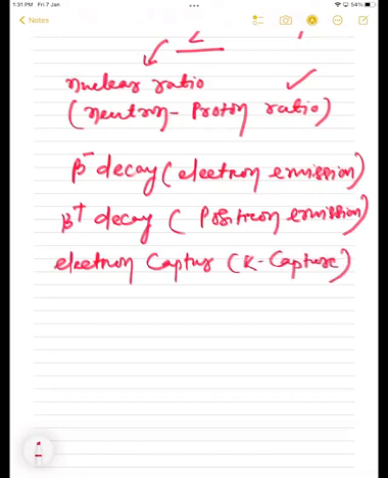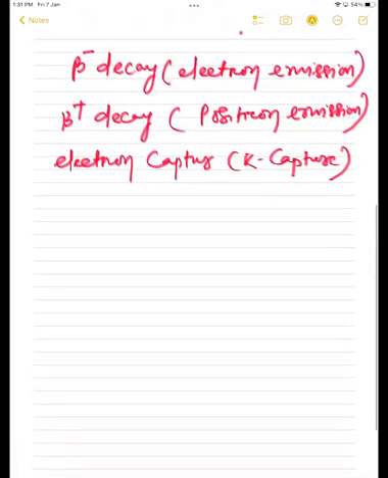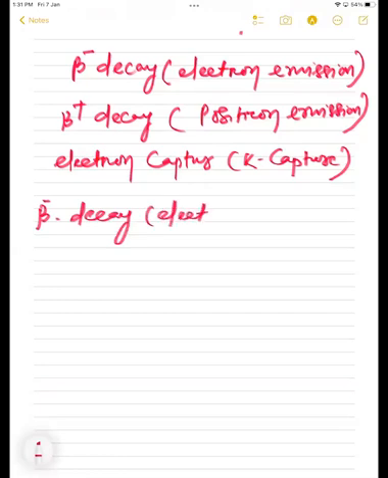Students, first let's discuss beta minus decay. There is electron emission. Next, give the heading beta minus decay, also known as electron emission.